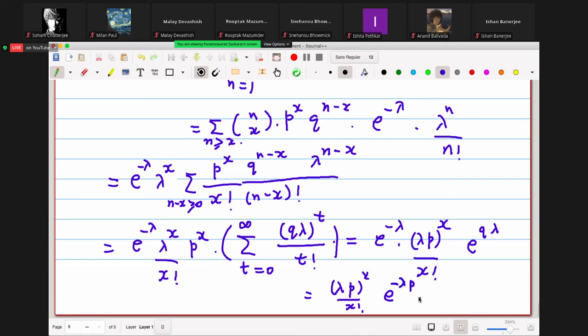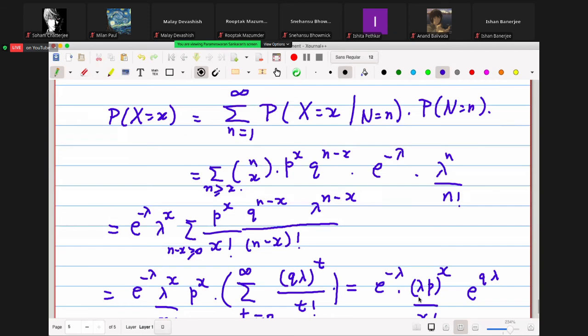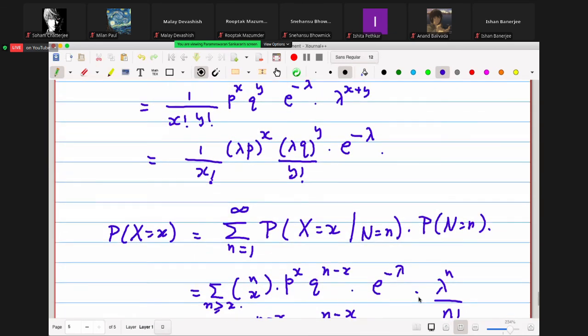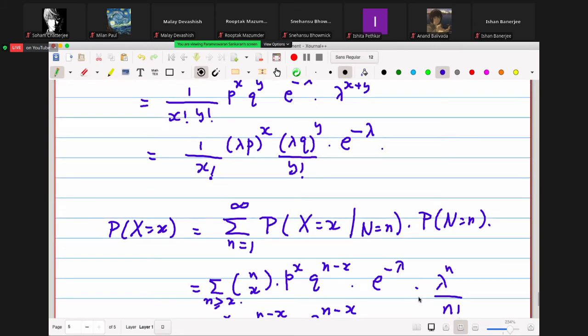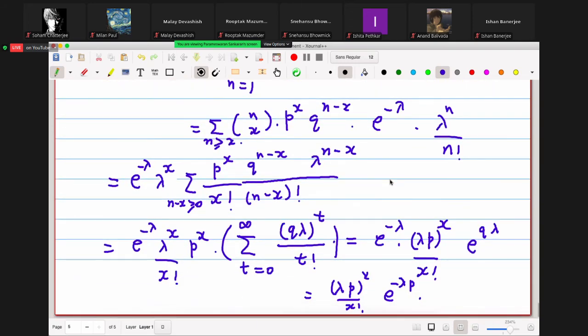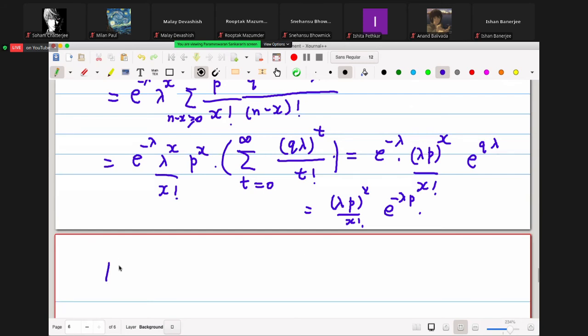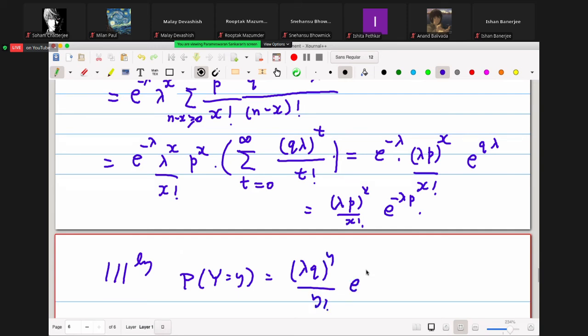Okay. So similarly for the other thing, probability of Y equals y is similar, and you substitute that in here, and now you can split it. After this, you are almost done. So similarly, probability of Y equals y is equal to lambda q power y by y factorial times e power minus lambda q.